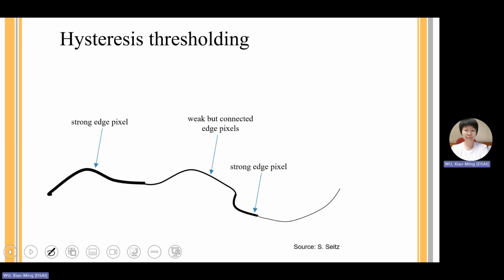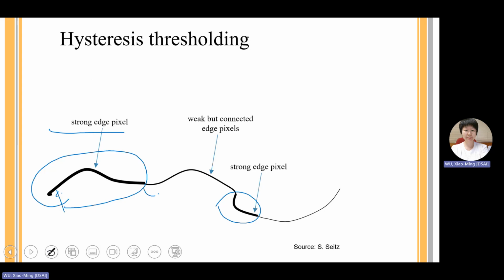Another example is this. These pixels are strong edge pixels because their gradient magnitude is higher than the high threshold. And these are also strong edge pixels because their gradient magnitude is also higher than the high threshold.